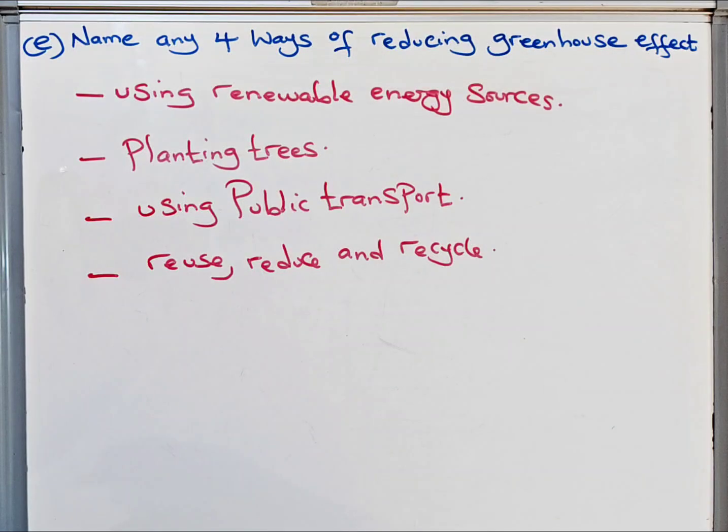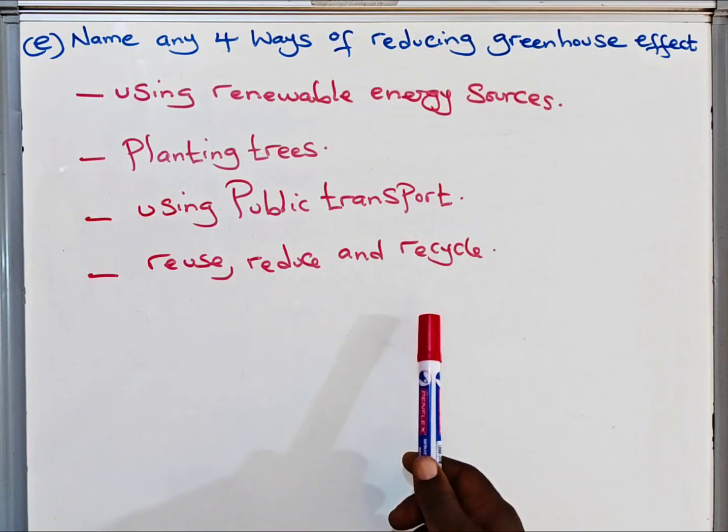For instance, you can reuse a container instead of buying another one, because every container you buy is manufactured using electricity, leading to an increase in carbon footprint. So you can reuse, you can reduce, and also recycle.